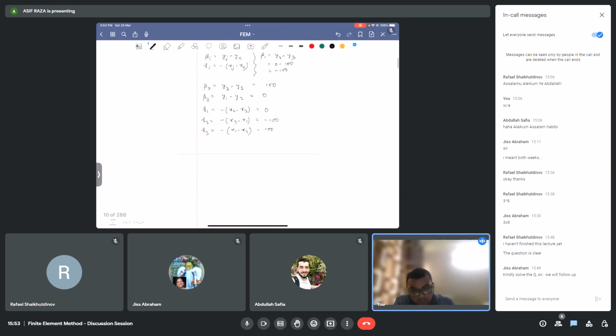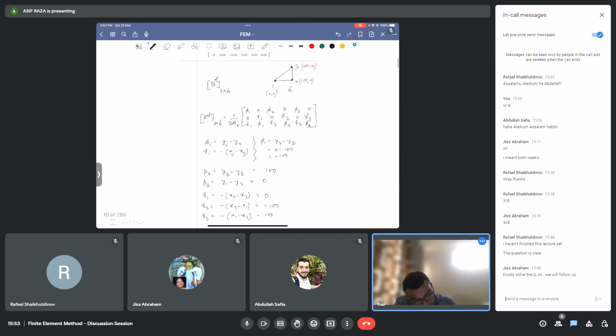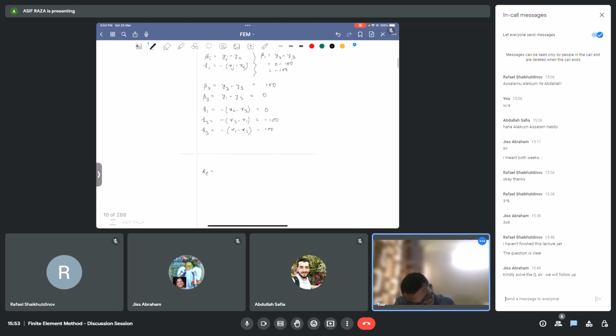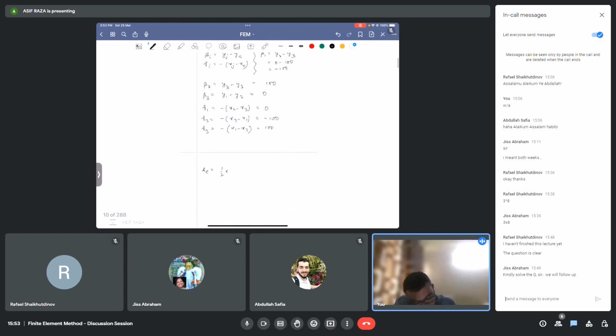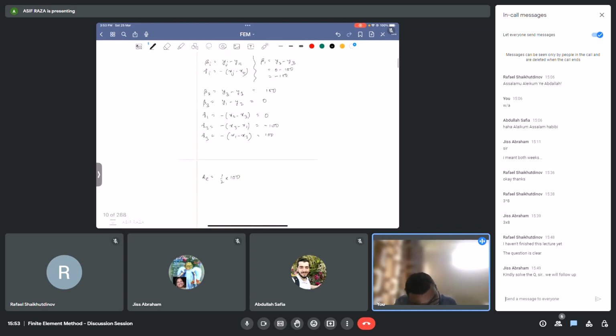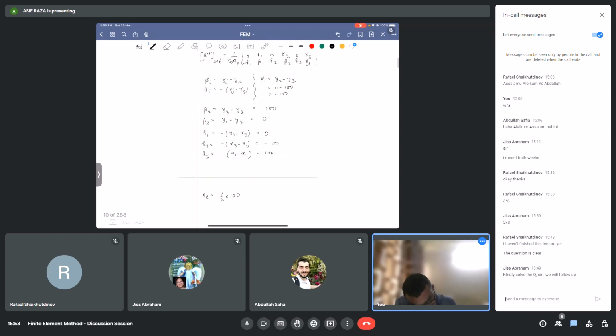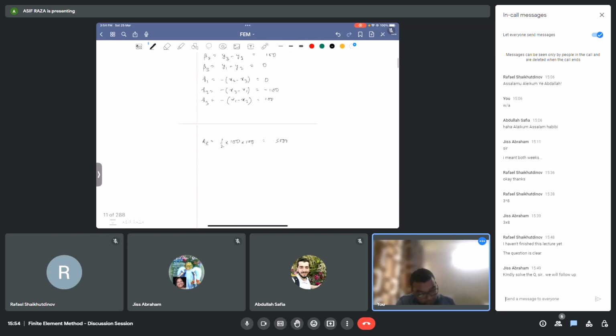Now the area of the element AE is what? This is a triangle, so half into base into height, and base is 100 and height is also 100. So the area of the element is 5000. Now substitute this into the strain displacement matrix.